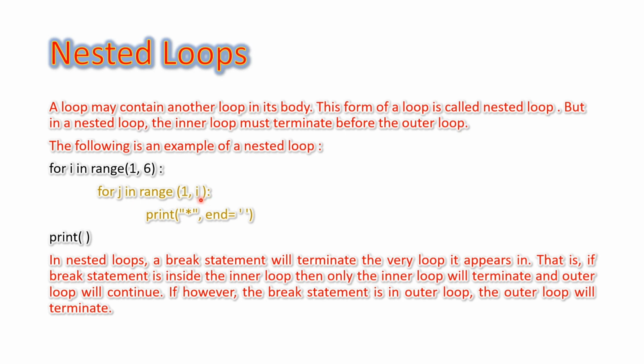And again, when the value of i becomes 2, this j will be 1, 2, 3, 4 and 5 again. So for every value of i, the value of j will go from 1 to 5. The inner loop will execute fully all its iterations for every value of the loop variable i. In this way, the total number of times the loop executes is equal to the outer range multiplied by the inner range. Hope you understand this nested loop.